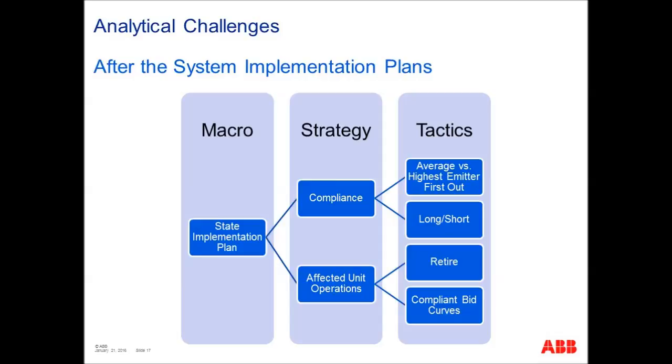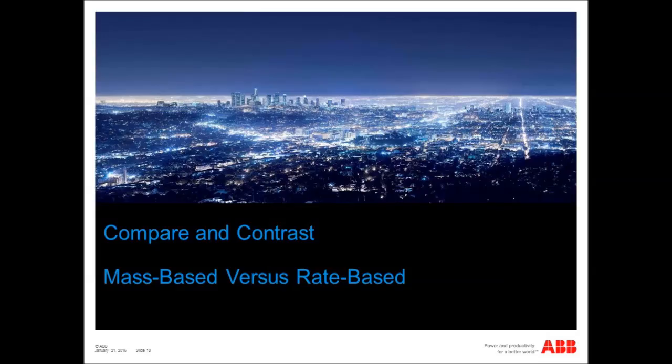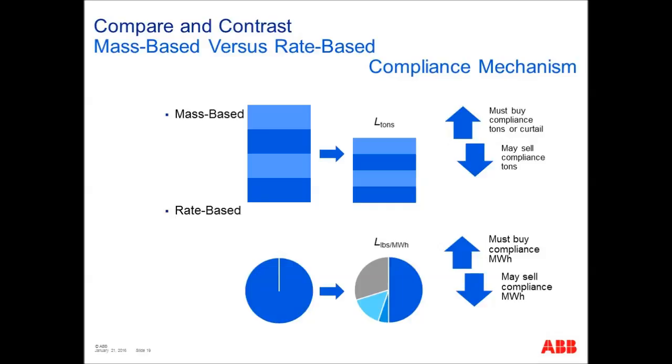So now let's shift gears a bit and let's talk about what is mass-based versus rate-based. And I'm going to go back to the diet analogy here, and basically, with a mass-based, this is the before picture. That's the picture your doctor takes of you when you start a diet, and this is your after picture.